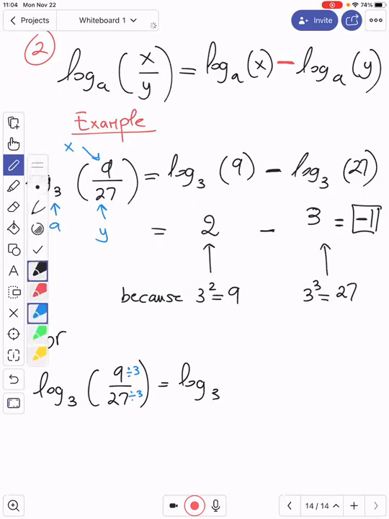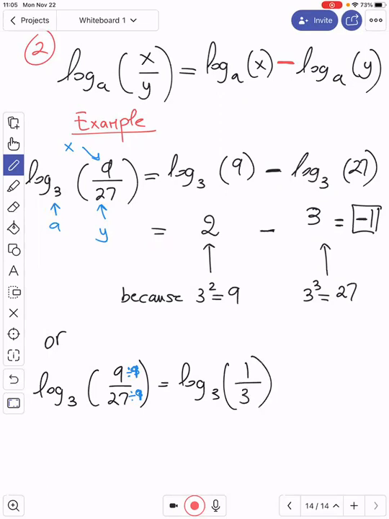So you can divide here by 9: 9/9 and 27/9, right? So that would be 1 over 27/9, of course, is 3. So that's log in base 3 of 1/3.